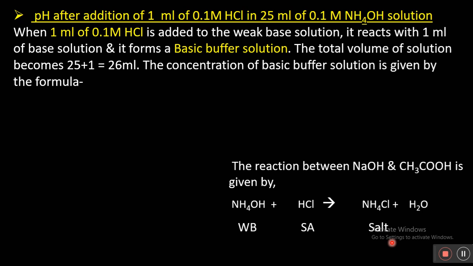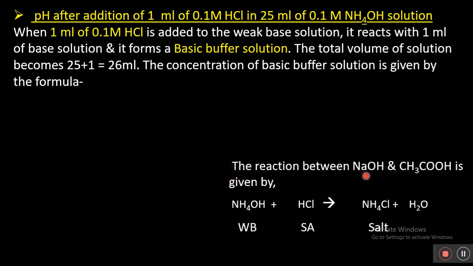In the previous lecture, in the titration between strong acid and weak base, an acidic buffer solution was formed. Here a basic buffer solution is formed. The total volume of solution becomes 25 plus 1 equal to 26 ml. What will be the reaction?